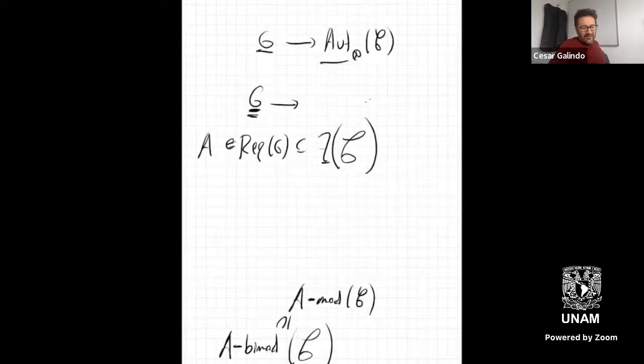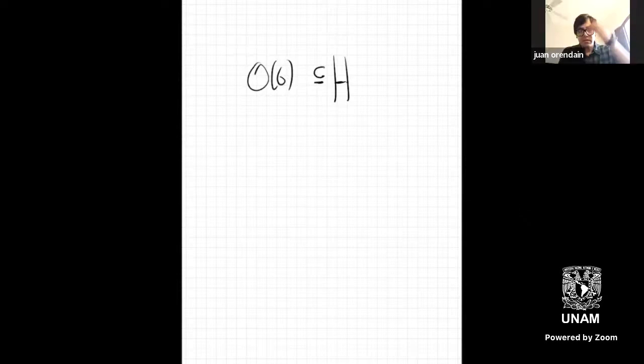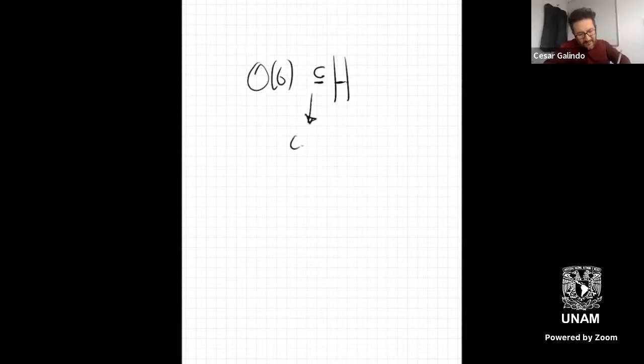Well, let's say that the other one came from Hopf algebras, and one of the basic examples in the theory of Hopf algebras. Suppose that you have a Hopf algebra H, and inside of this algebra, you have the algebra of functions over your group as a Hopf subalgebra. Even more, suppose that this is a central Hopf subalgebra. In this case, when this is a central Hopf subalgebra, this is a particular case of something that people call a normal Hopf subalgebra.